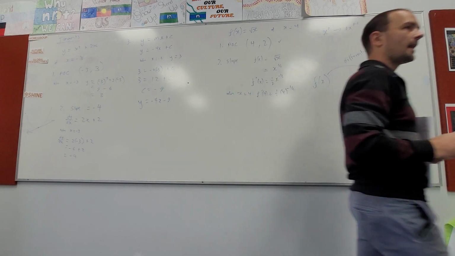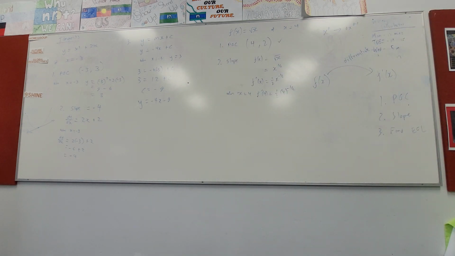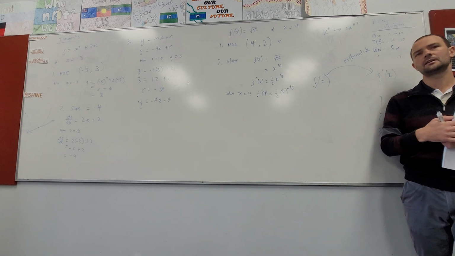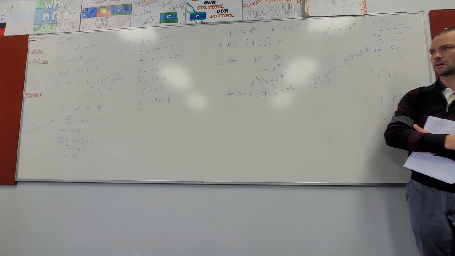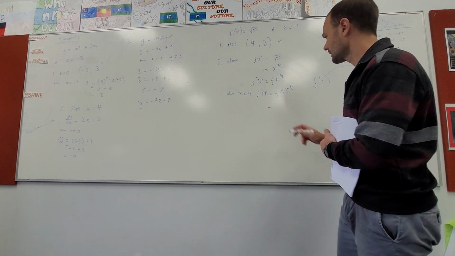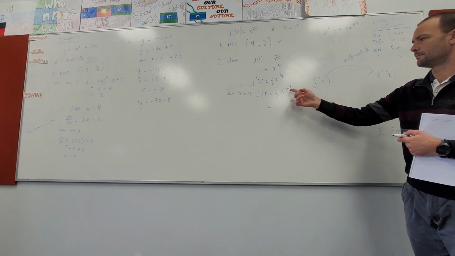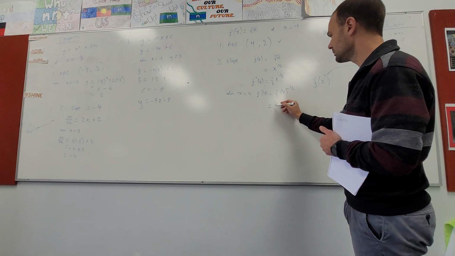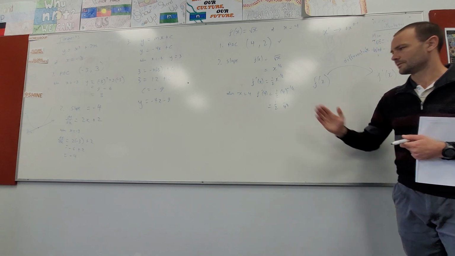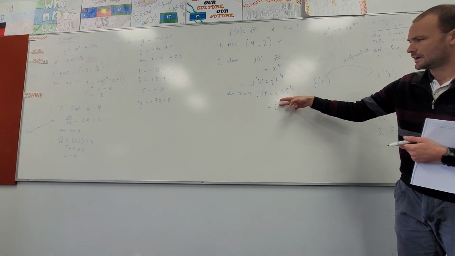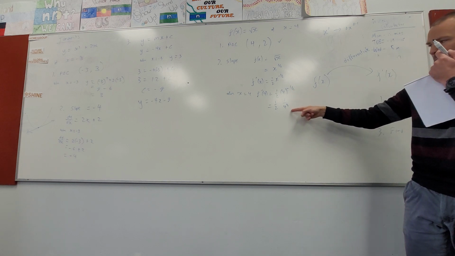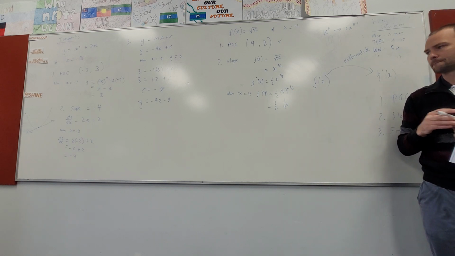Okay, now at this stage, you can type that into your calculator if you want to. Half times 4 to the minus half, you can type that in. I'm just going to keep going and solve it manually. Remember I've said, if we have to the power of minus half, one thing we can do is take it to the bottom, right? So we've got this half out the front, that's going to be that half there. We've got this 4 to the minus half, so I can put it at the bottom and make it 4 to the half.